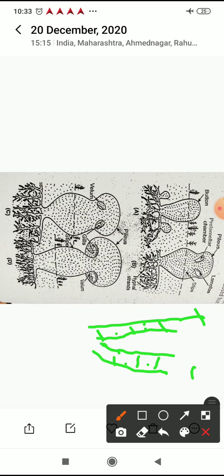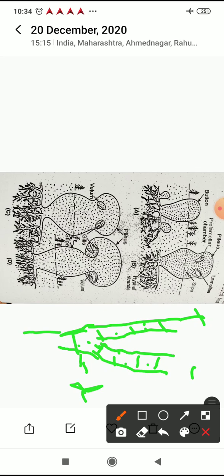Such two hyphae under the soil come together, and like this, two nuclei, one from positive and one from negative, come together and a dikaryon is formed. This cell is called a dikaryon.